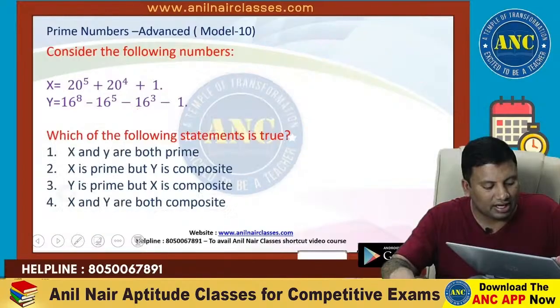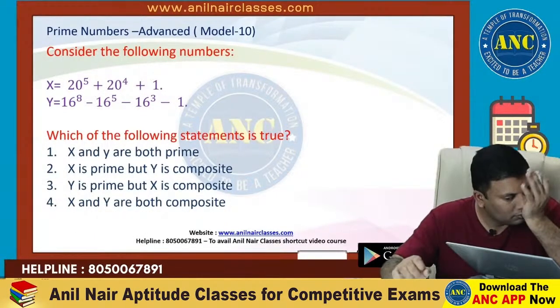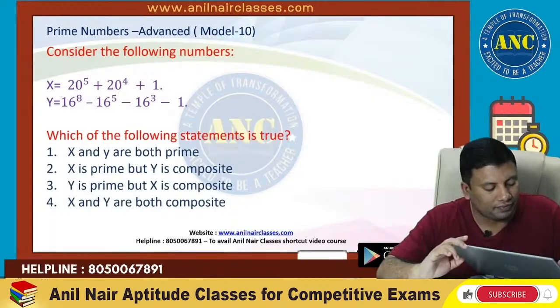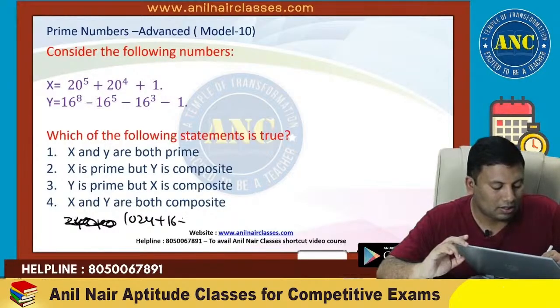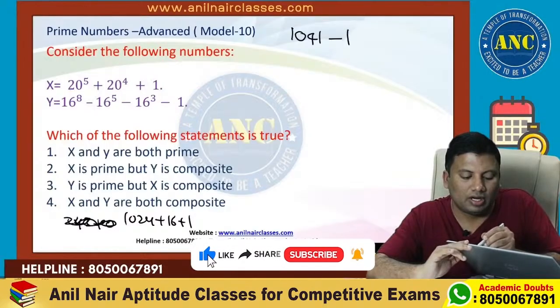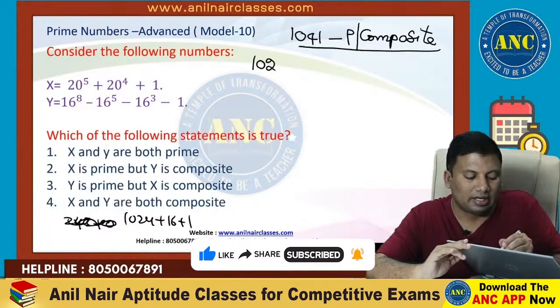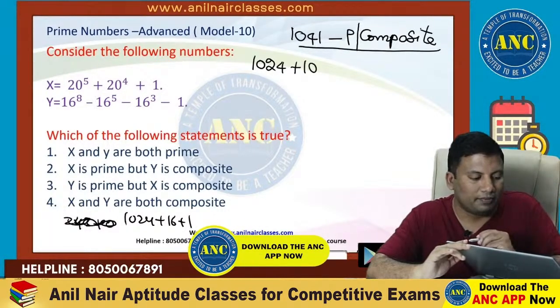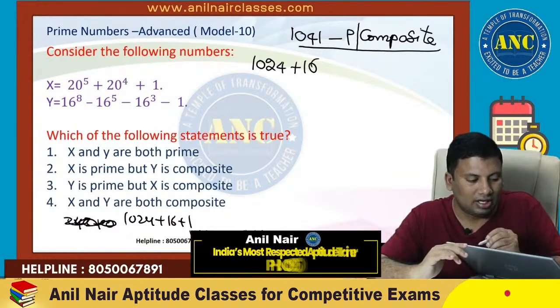Suppose in case you want to do it like this, for example, if there is a question: is 1041 prime or composite? It can be written as 1024 plus 16.